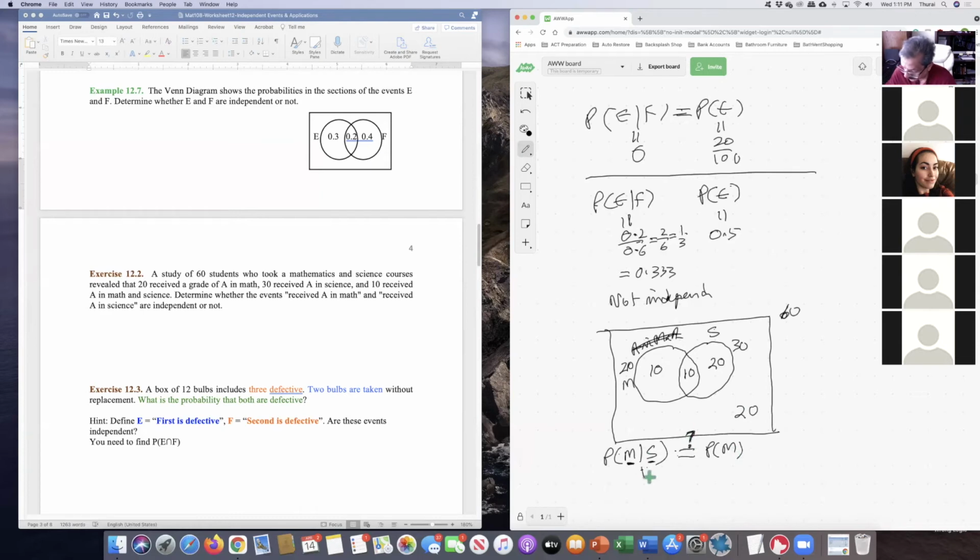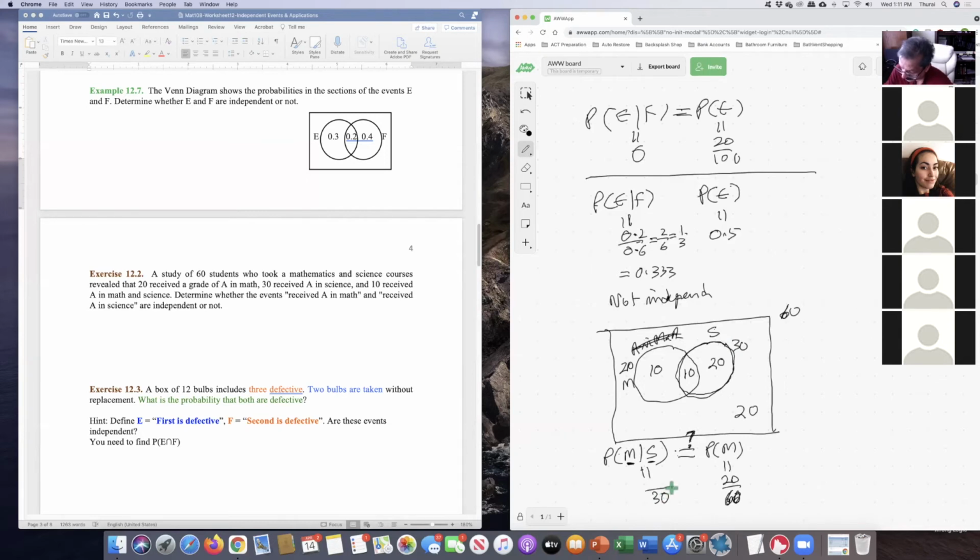So let's find probability of M first. Probability of M is 20 over 60. 20 students got A in math out of 60. And M given S means S has already occurred, so you're limited to 30.